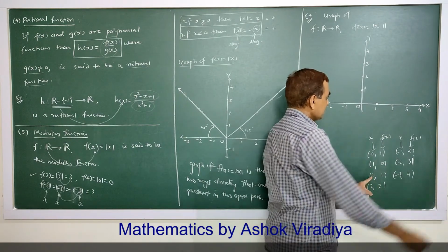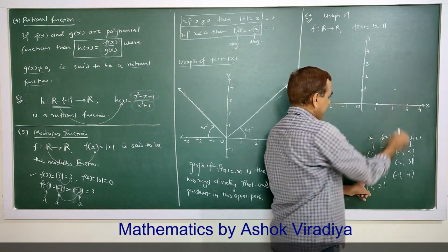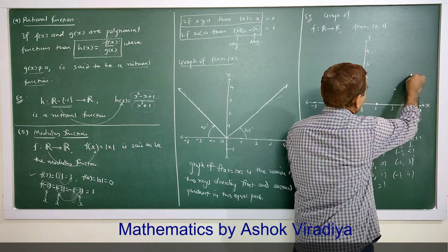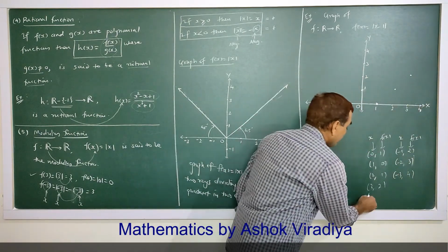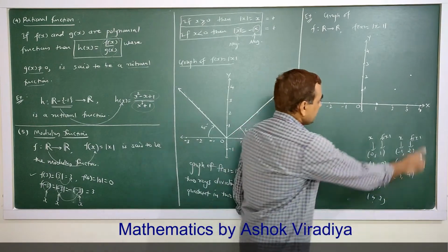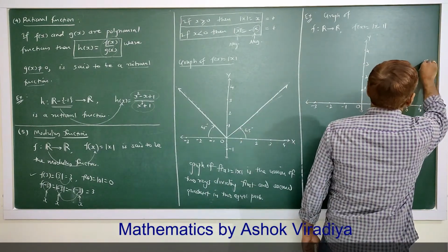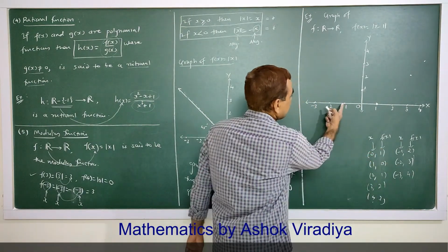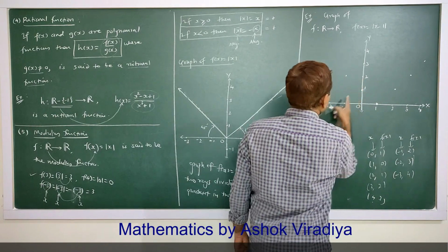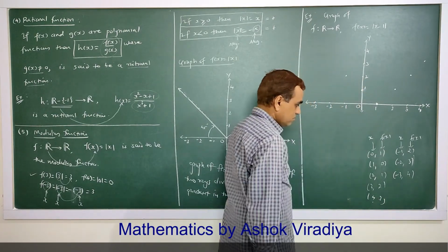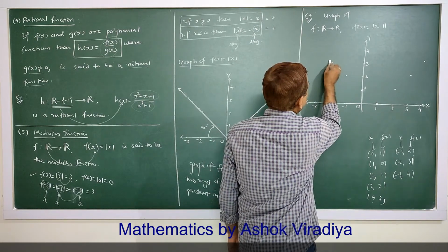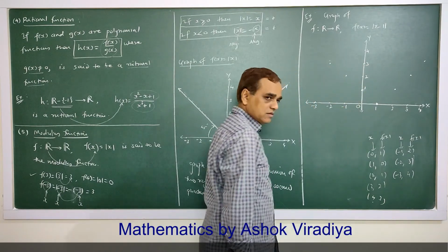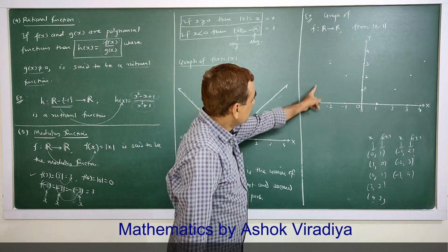Image of 2 is 1. Image of 3 is 2. Similarly, image of 4 will be 3. Image of minus 1 is 2. Image of minus 2 is 3. Image of minus 3 is 4.